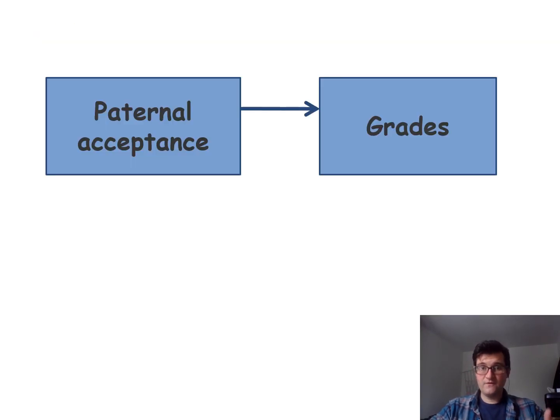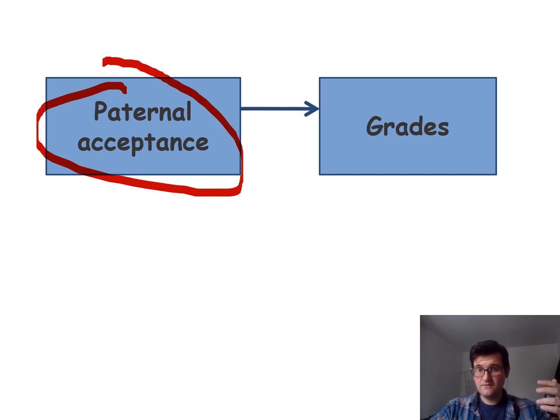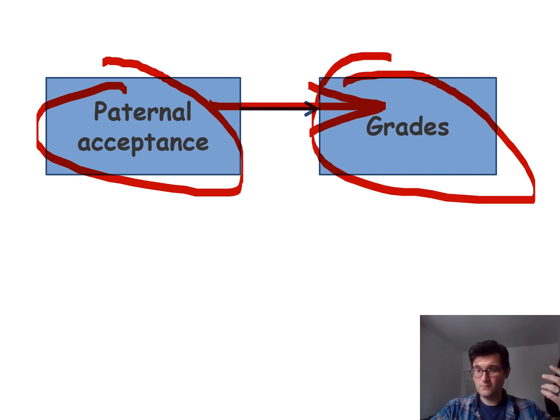So we have paternal acceptance, like the way it's talked about. As I said, paternal acceptance leads to better grades, right? But is that the only possibility? Could it go the other way around, as I just suggested? Absolutely. Without a longitudinal design, we do not know this.